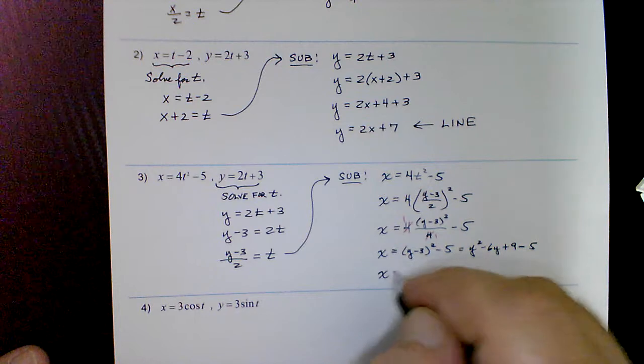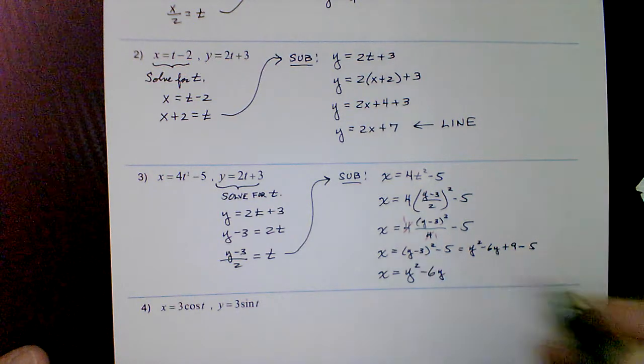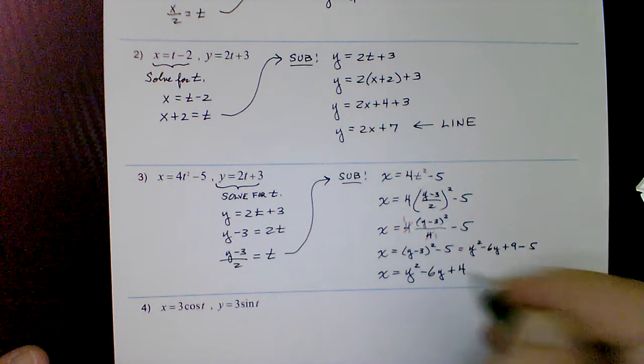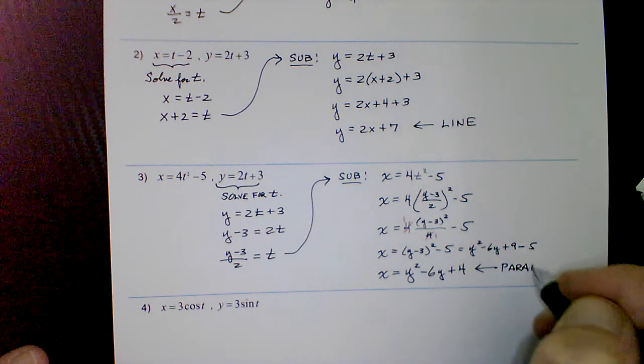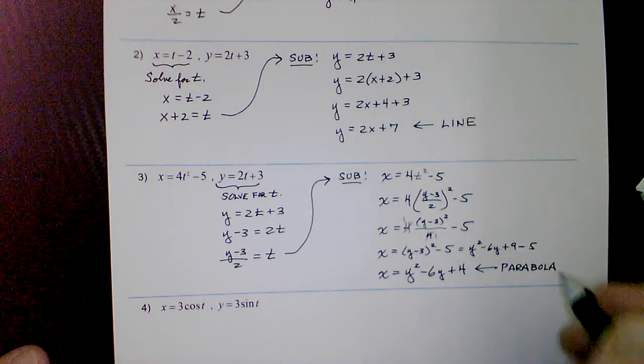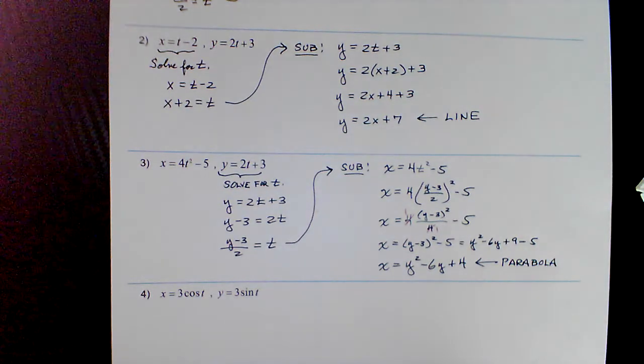And so we get x equals y squared minus 6y plus 4. And then we can see that it is a parabola. It's going to be open to the right, but just tell me it's a parabola and I'm good with that. Alright?